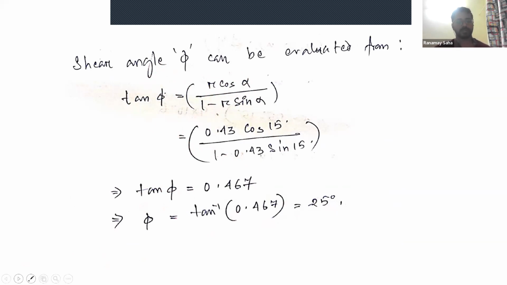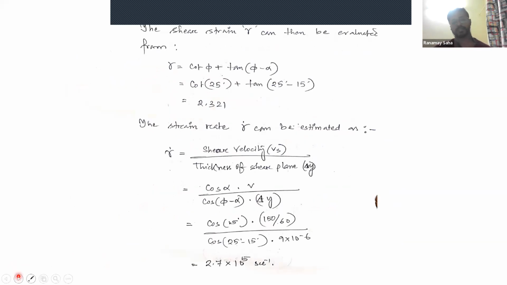Once you have found that, you have to find the shear strain gamma. This also has been derived. Gamma happens to be cot phi plus tan of phi minus alpha. So plug in the value of shear angle 25, which we have found, and then the rake angle which has been given as 15 degrees.